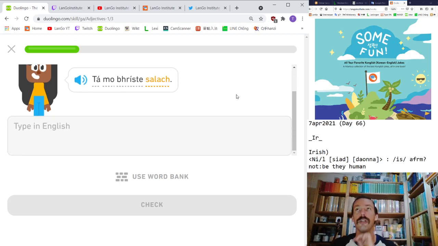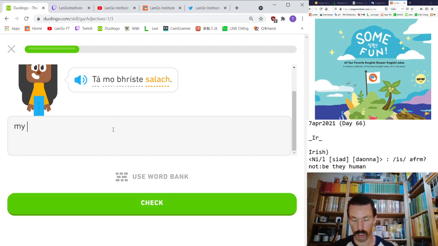Tá mo bhríste, my breeches, my pants, with mutation because it's in the phrase with mo. Mo bhríste, it's the subject. My pants, tá salach, are dirty.